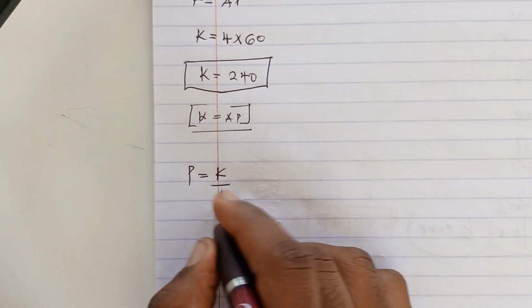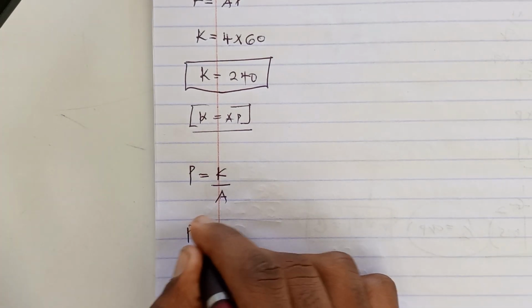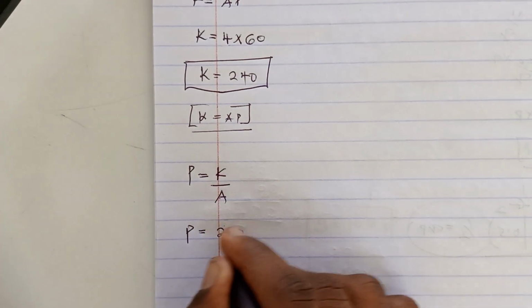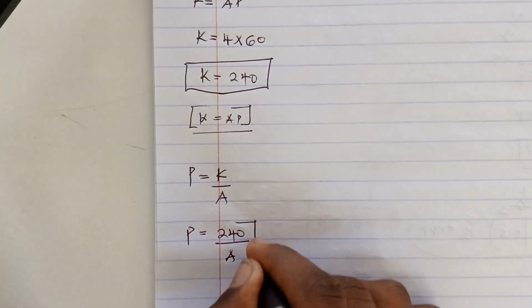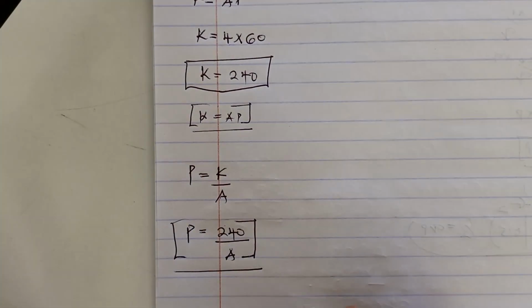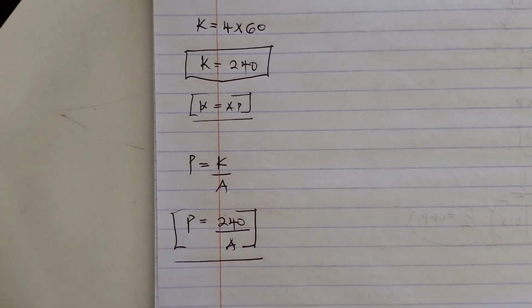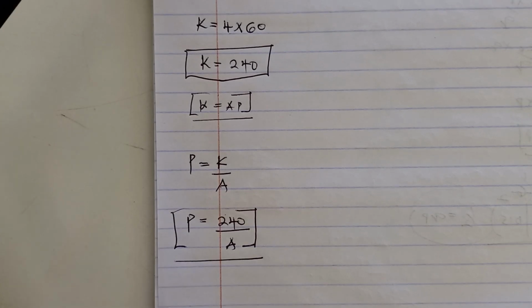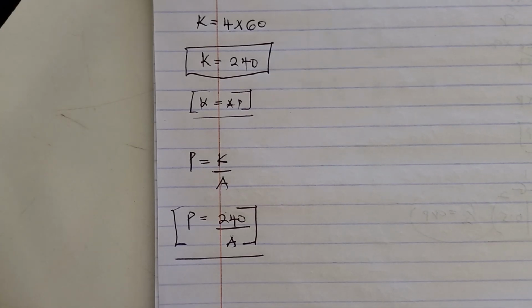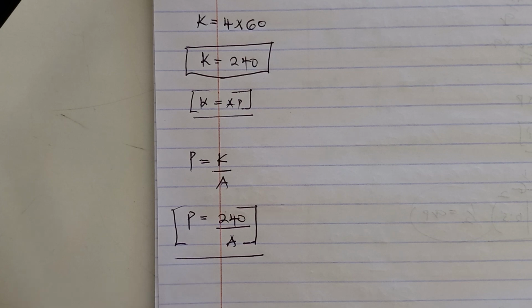So in this case, the equation will be P is equals to 240 over A. That is the equation that connects P to A or A to P respectively. And that marks the end of the lesson on inverse variation.